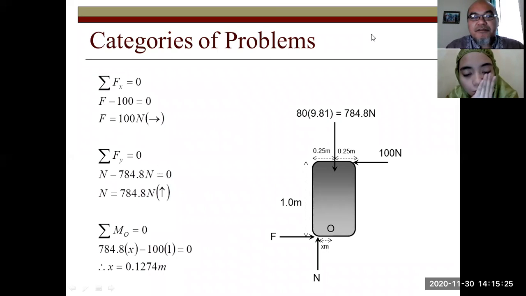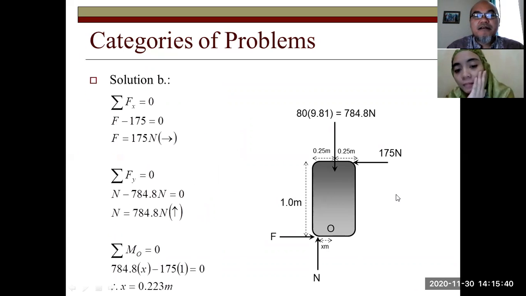The moment is also in equilibrium, equal to zero, because xm, the distance here, is still less than half of the width of the object. Now, what if we increase the force from 100 Newton to 175 Newton?